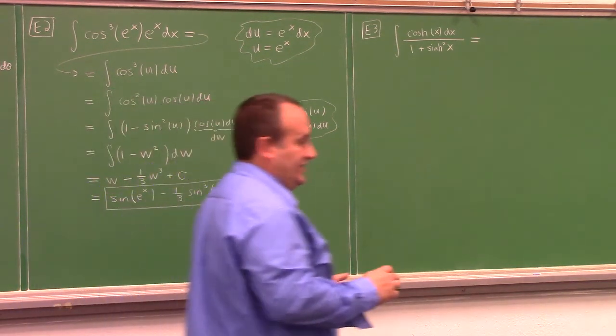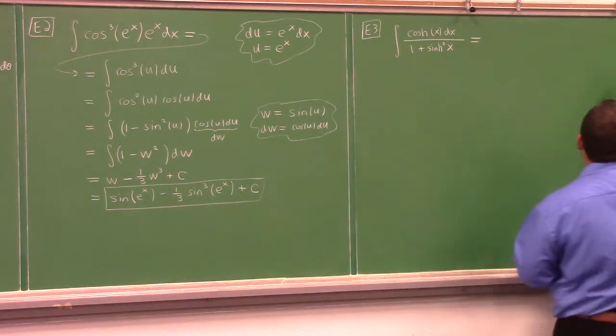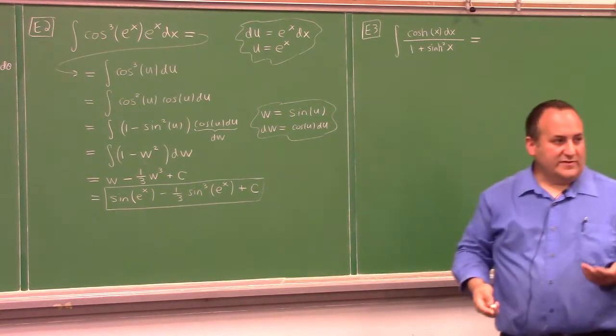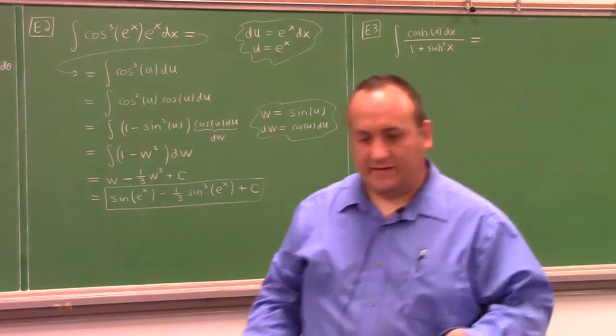So let me just remind you guys, what do we know? We know the integral of du over 1 plus u squared is inverse tangent of u, right? That's what pops out in my mind as I look at this problem: maybe this is an inverse tangent if I could make the right kind of substitution.